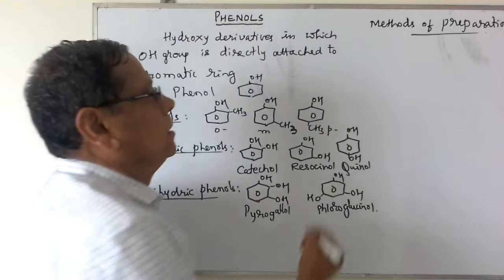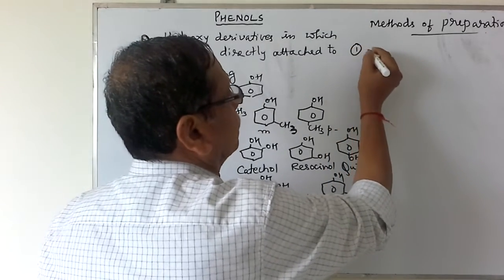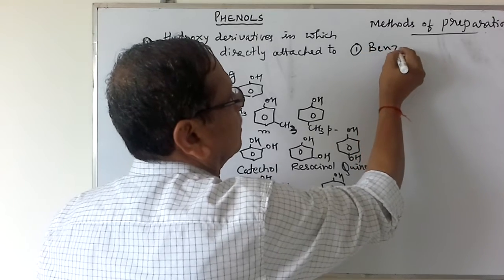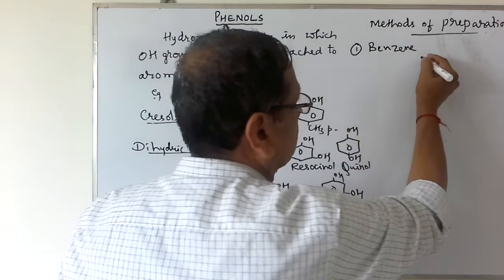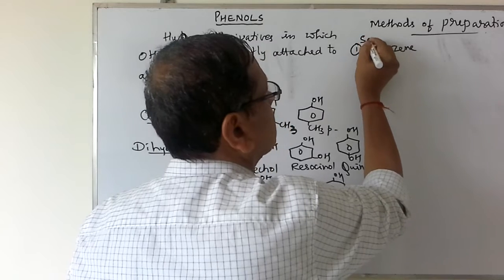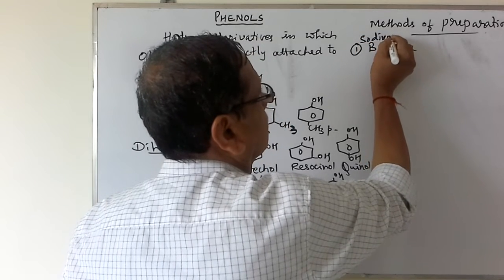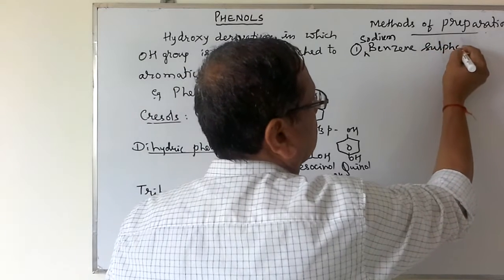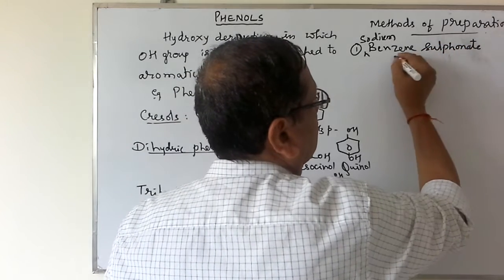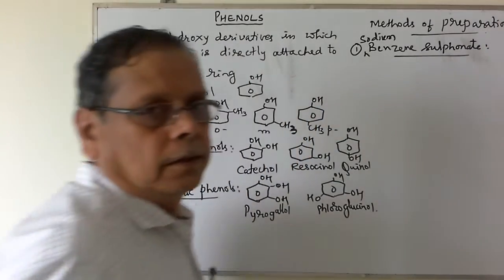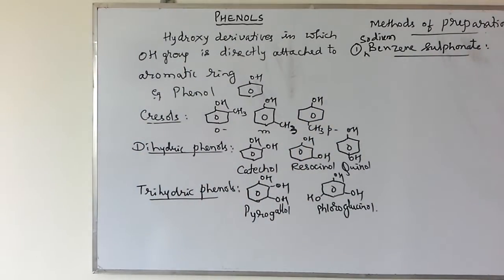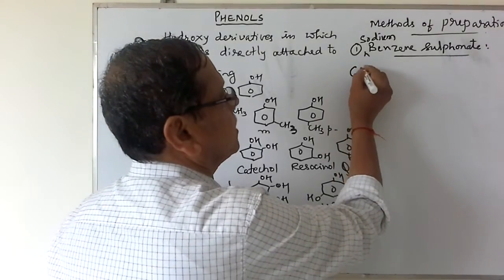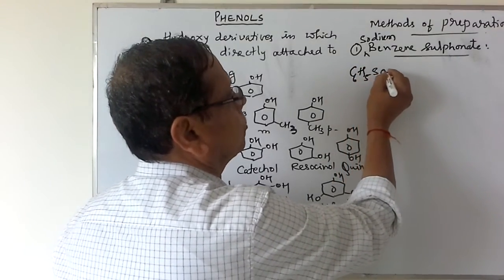The first method is starting from sodium benzene sulphonate, C6H5SO3Na.